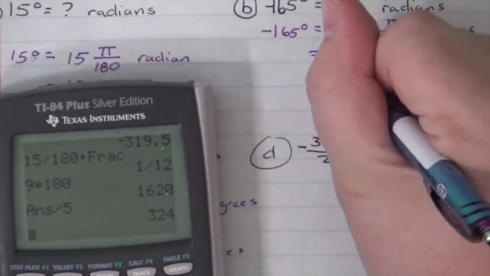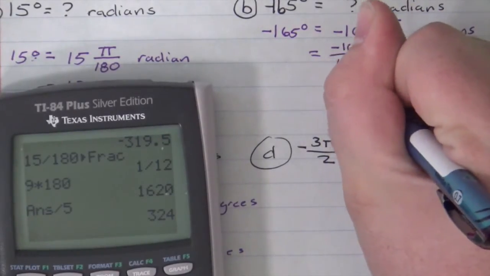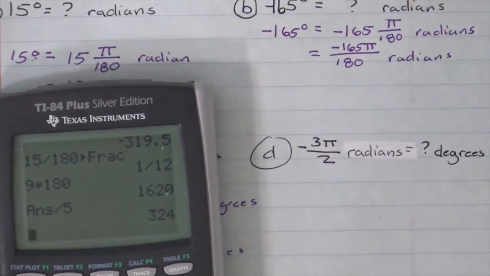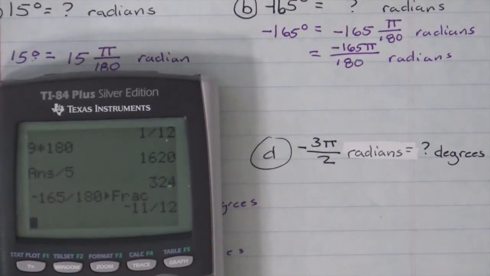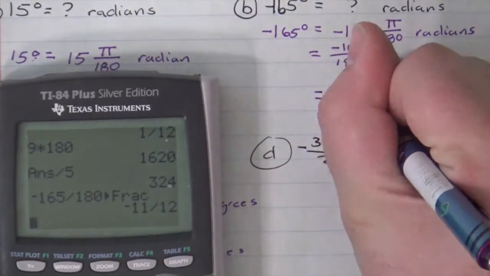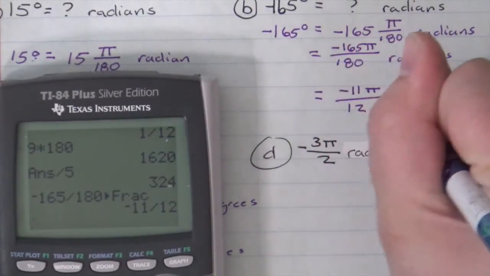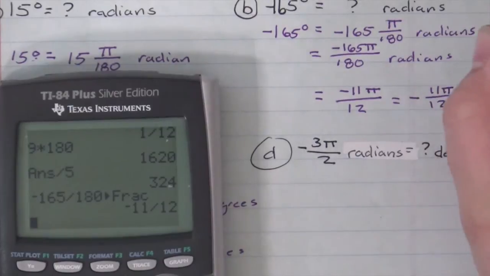We know that that's going to give us negative 165 pi over 180 radians. We're going to simplify it now, so negative 165 divided by 180, and you should know how to do this with your math fraction just to make our life easier. We can actually say that this is negative 11 pi over 12, or simply negative 11 pi over 12 radians.